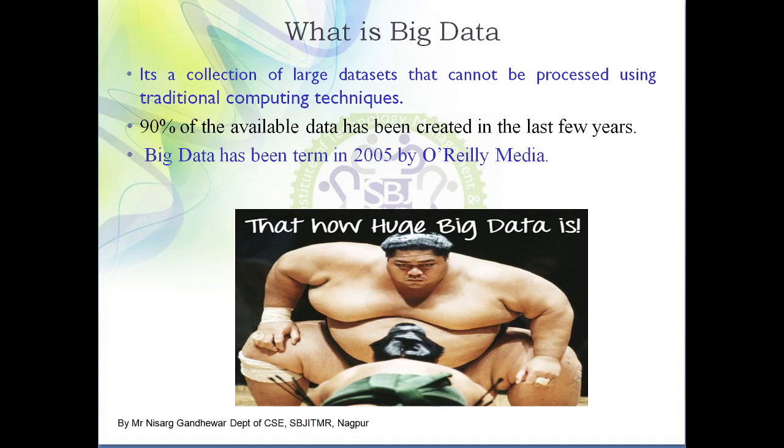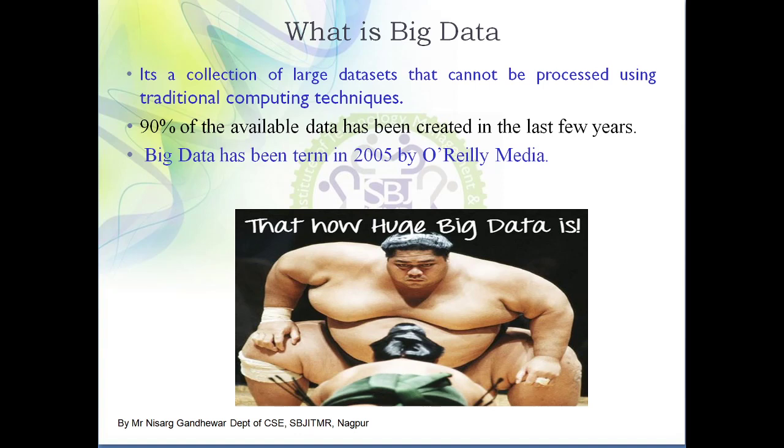Traditionally we were using Pentium 3, Pentium 4, dual core, Core 2 Duo, then i3 comes, then currently i5 is there, i7 is also there. So processing speed has increased. Similarly, as far as storage is concerned, hard disk size has increased, and the speed of RAM has also increased.